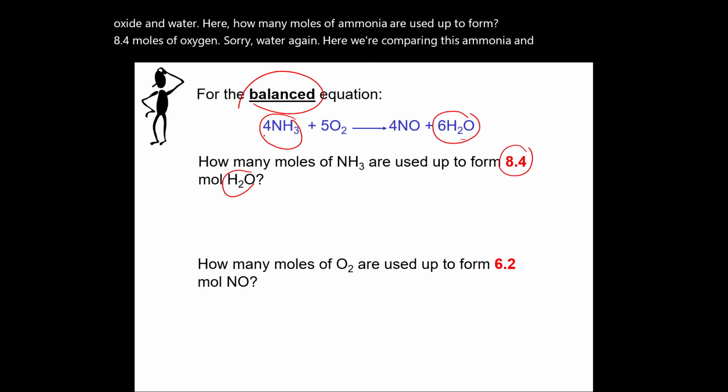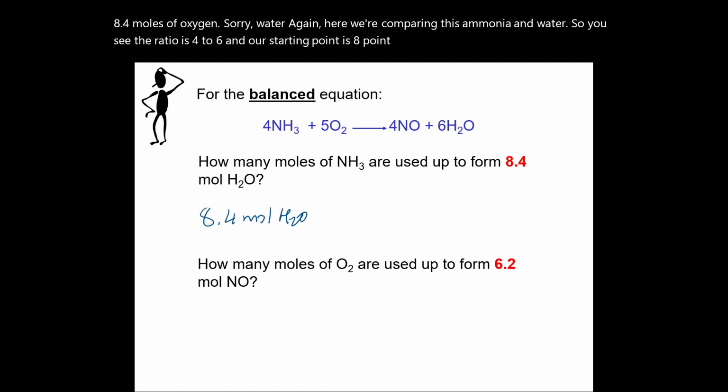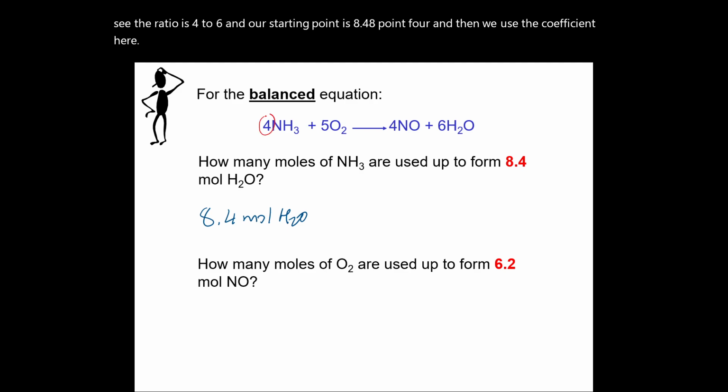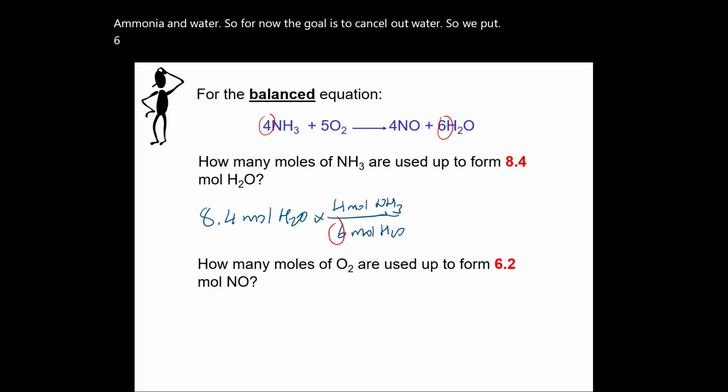So you see the ratio is 4 to 6, and our starting point is 8.4, and then we use the coefficient for ammonia, which is 4. Now the goal is to cancel out water, so we put 6 in the denominator, which means 6 moles of water are produced from 4 moles of ammonia.